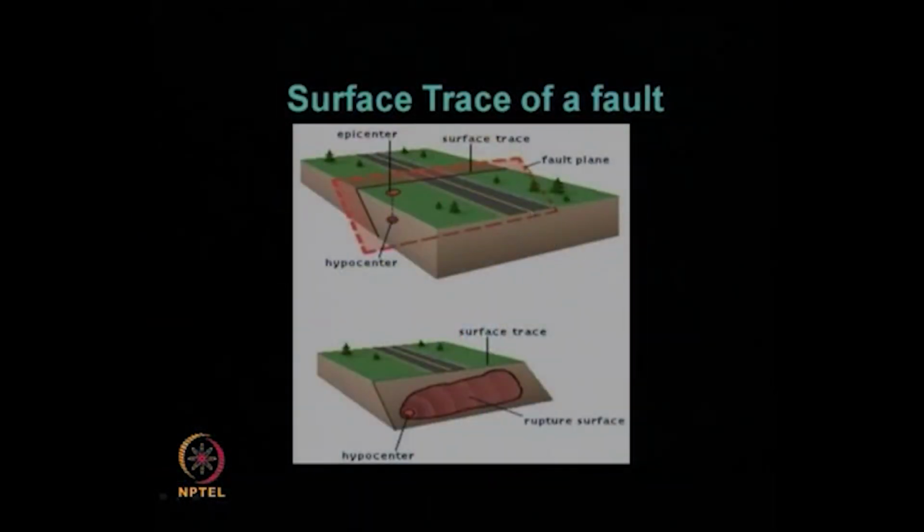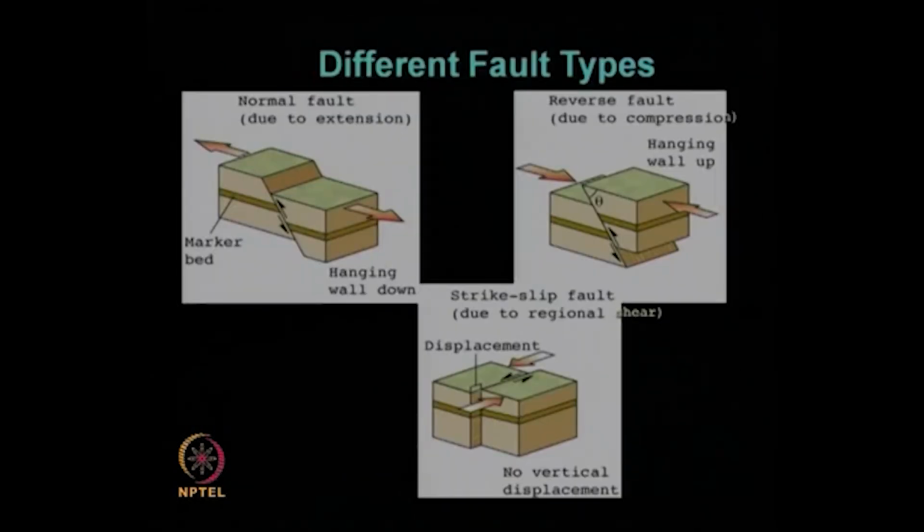So, this is a new learning for us, which is not in common belief of the layman or common people. They believe always that fault will be at the epicentral point, need not be, it can be far apart from each other. Let us look at what are the different types of faults.